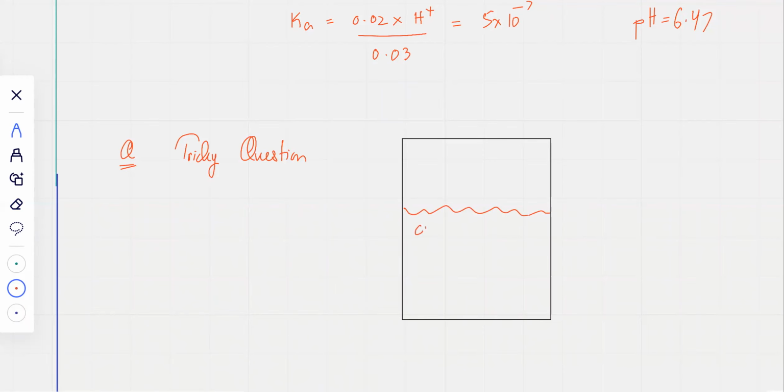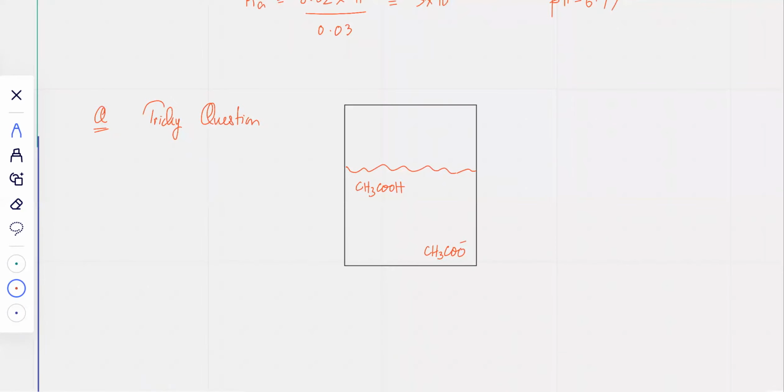So there is ethanoic acid plus there is ethanoate ions. What he's asking for is, you're supposed to create a buffer which has a pH of 4.8 and it should have a volume of 100 cm cube.